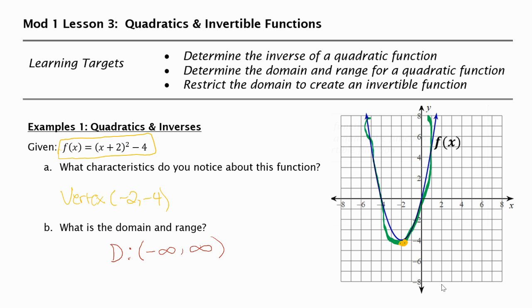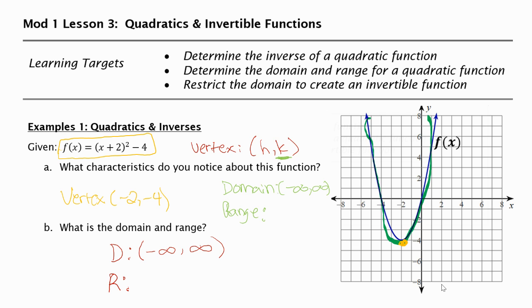Our range, when we talk about a quadratic, is obviously not going to be all of infinity, because it does have a max or a min. An easy way to think of the range for a quadratic is that our vertex is in the form (h, k). So our domain, when we're working with a quadratic like this, is always all real numbers, and then our range is always going to have something to do with our k value, before we start doing anything with inverses.